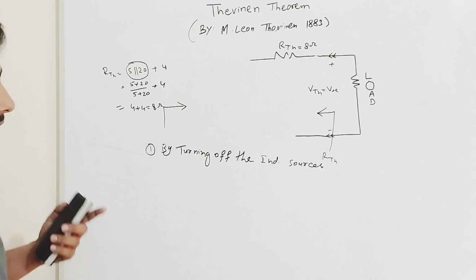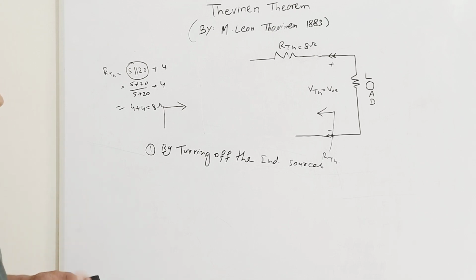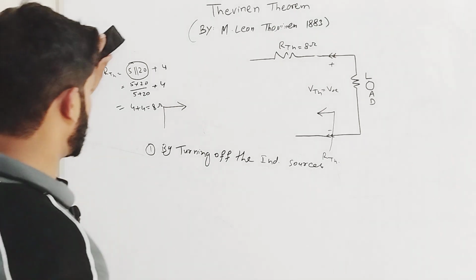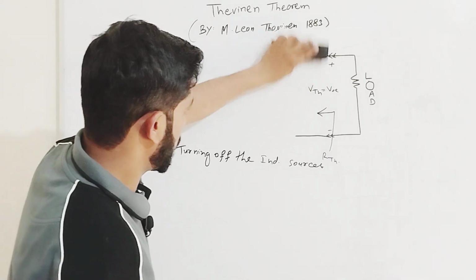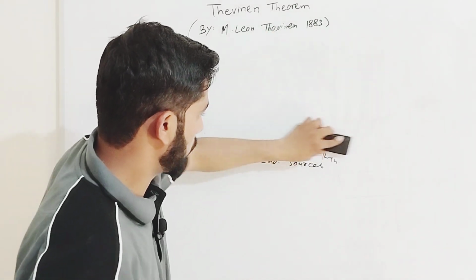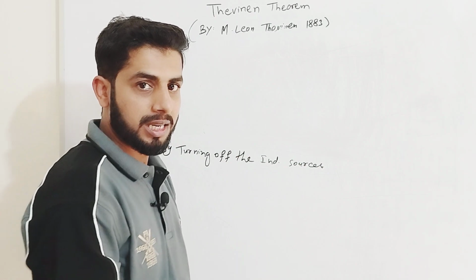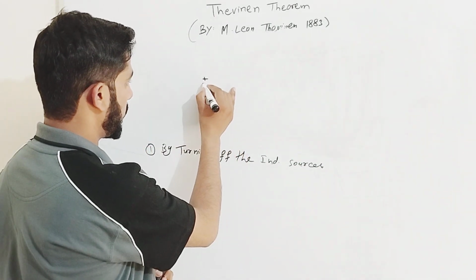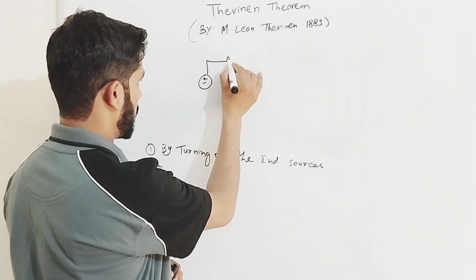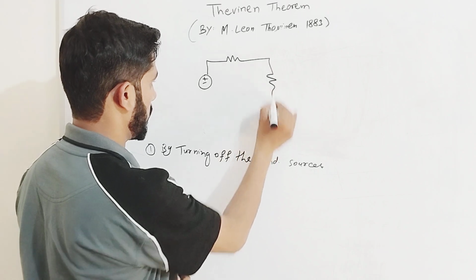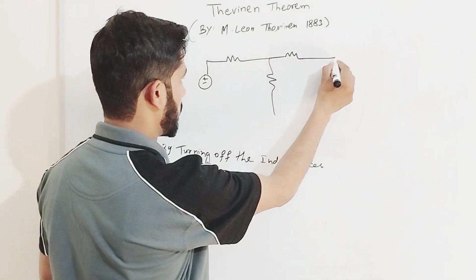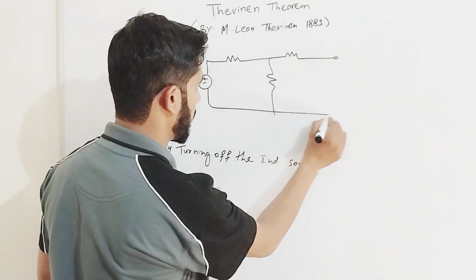How will we solve for the Thevenin voltage source? The Thevenin voltage source is basically our open circuit voltage at the load end terminals.